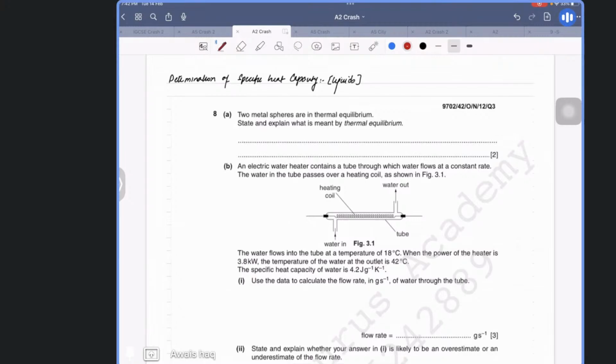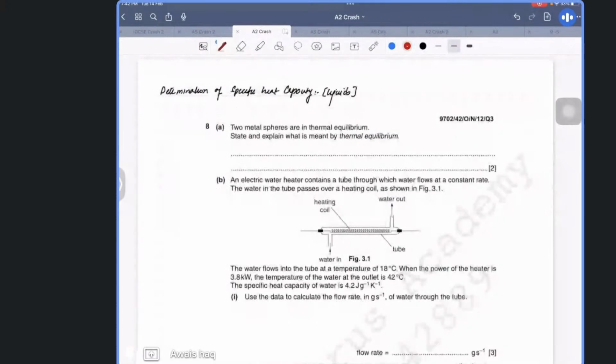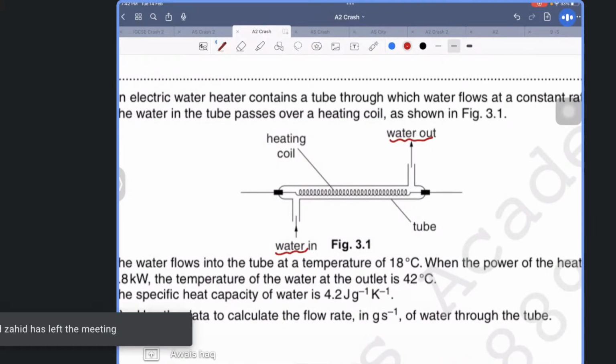Now the next thing is the determination of specific heat capacity in liquids. Now I just want to tell you it is done like this. There is basically water in, there is water out. I just want to tell you a couple of things here. First of all, you should understand the temperature change.